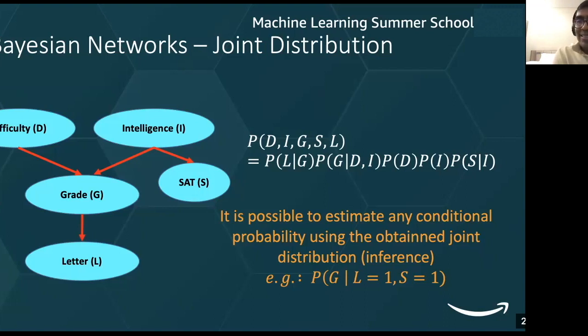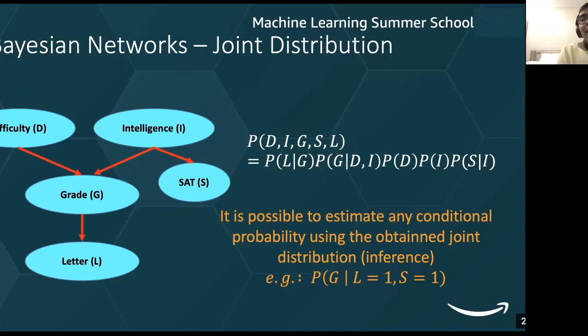But for most cases, it is next to impossible to characterize a joint distribution without assuming some kind of relational structure. So the Bayesian network we have been discussing so far helps us break down the joint distribution into manageable chunks, if you will. And this makes it much simpler to learn the network parameters.